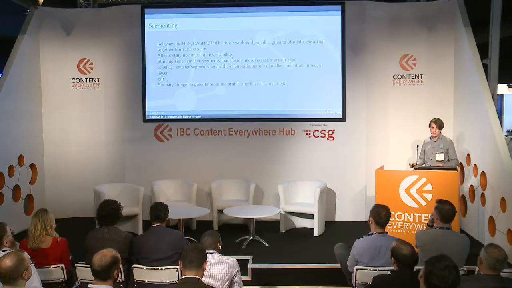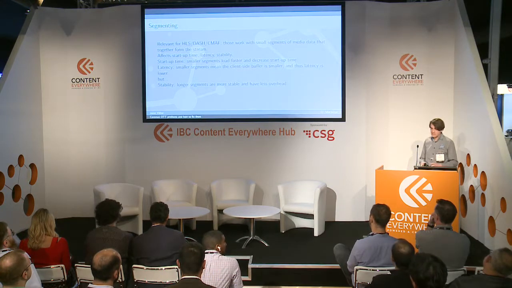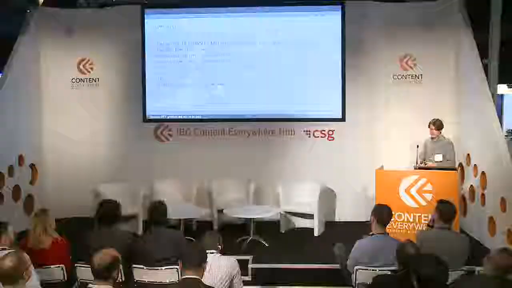The same goes for latency. Because there are smaller segments, the buffer on the client side will be smaller, and then latency is lower as well. This is the technique that everyone has been using to do low latency HLS over the last few years. There's new stuff coming out soon, but this is the current technology. Basically, they make the segments really, really small, and then the latency is low.